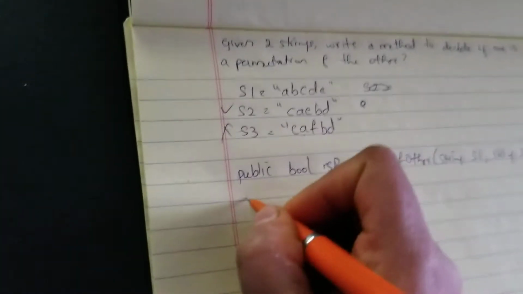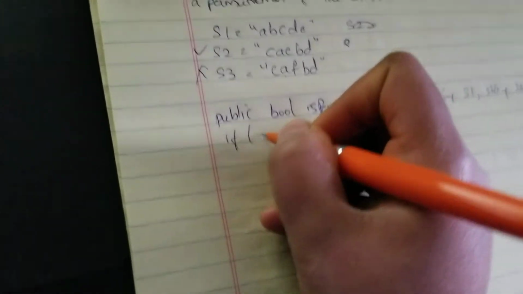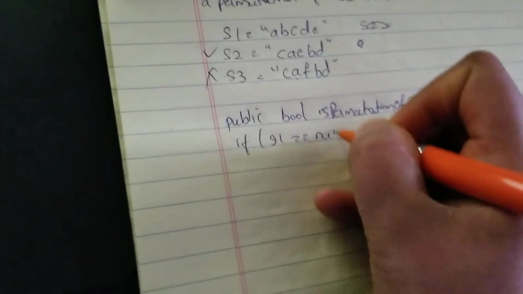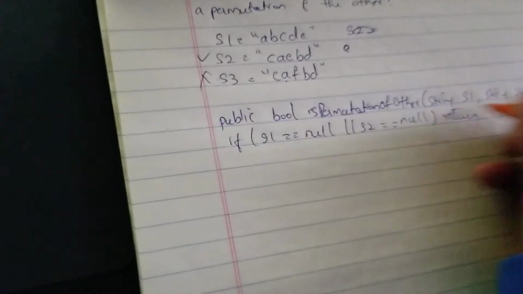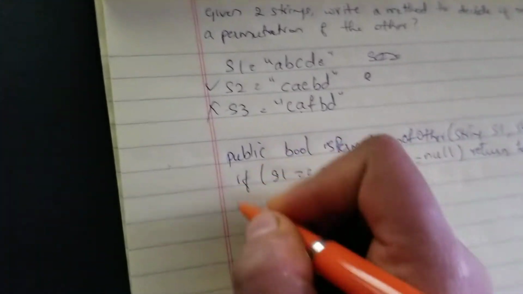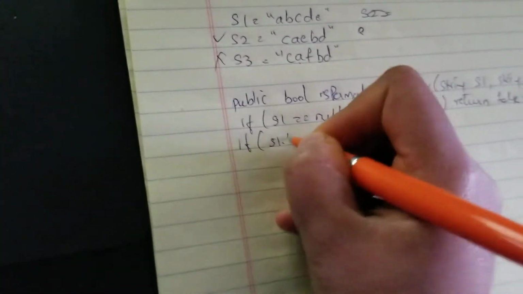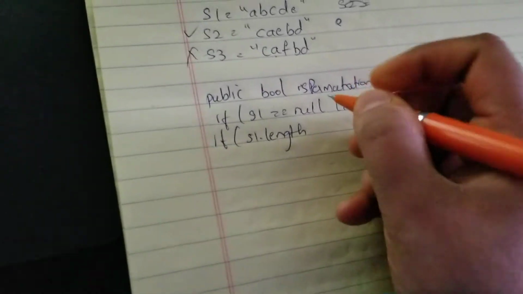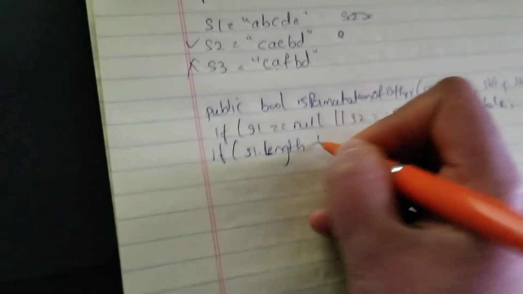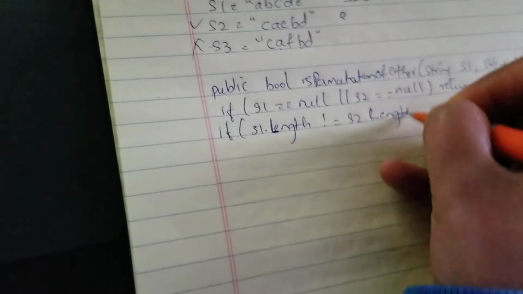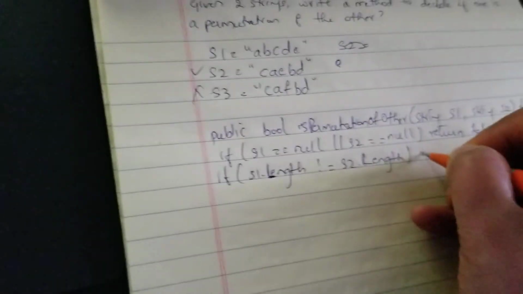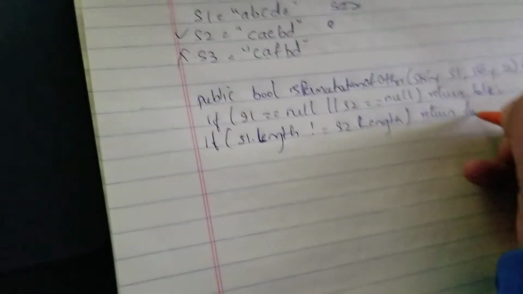Now if s1 equals null, base case, or s2 equals null, then as this is a bool method, I'll return false. Else if s1 dot length is not equal to s2 dot length, then also I will return false.